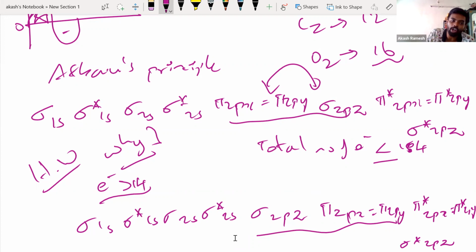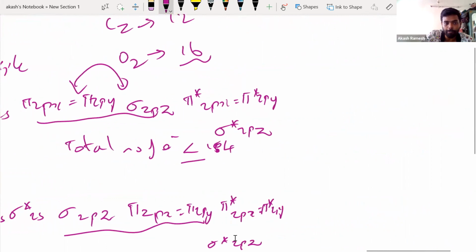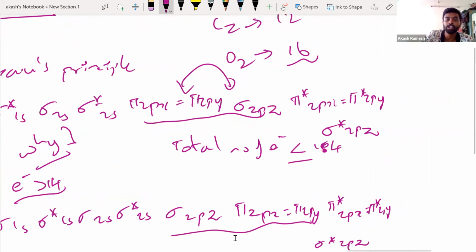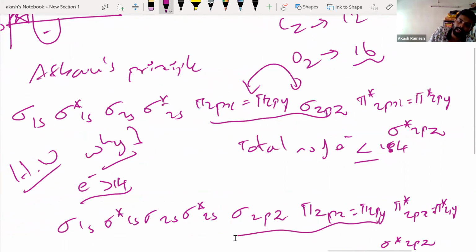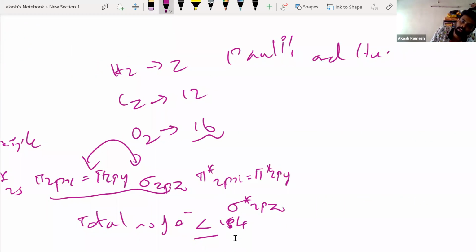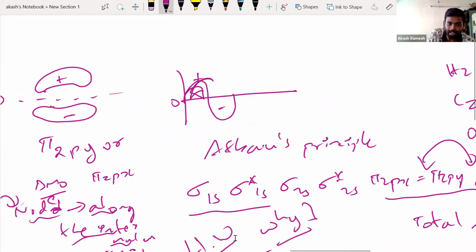Now, each molecular orbital can have 2 electrons. And what you have to make sure is that not only Aufbau's principle is satisfied, but even Pauli's and Hund's are also satisfied. That means till here, you can directly put 2 in everything.